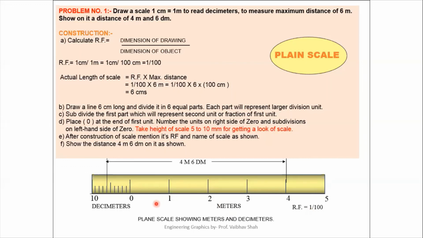After that, we'll measure the given distance, 4 meter and 6 decimeter, which you have to indicate. We'll start from 0 on the primary scale, 1, 2, 3, 4, draw a vertical line. And on the secondary scale, we have to measure 6 decimeters, so 0, 1, 2, 3, 4, 5, 6, draw one vertical line, and this is nothing but your required distance.